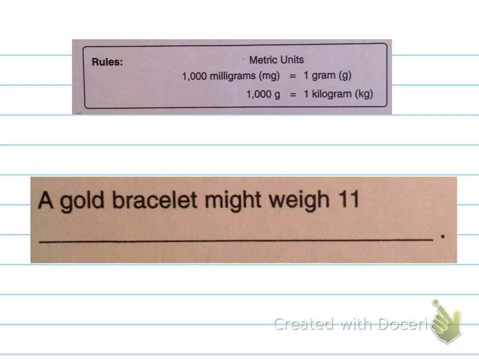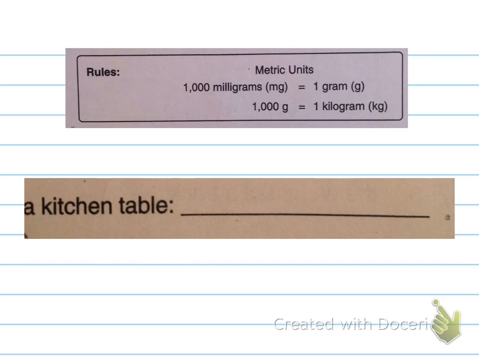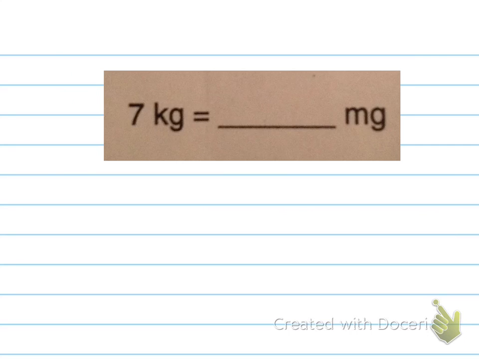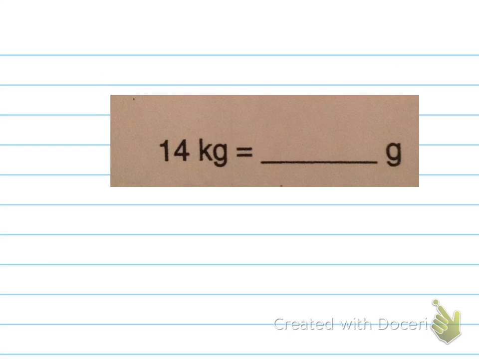Now we've moved into the metric units. What would you use to measure the weight of a kitchen table? Milligrams, grams, or kilograms. And now you're going to be converting 7 kilograms into how many milligrams? And your last homework problem, 14 kilograms into how many grams?